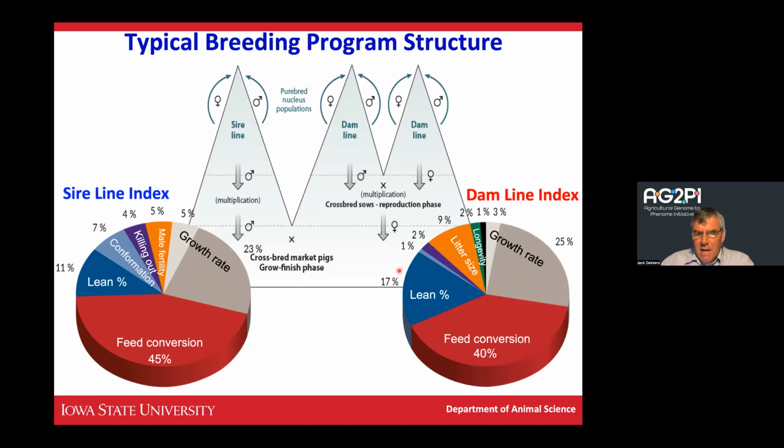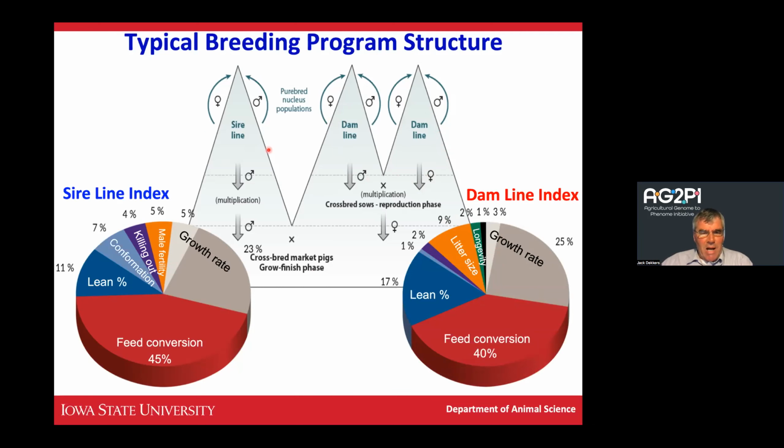On the female side, we have the same traits, but then litter size and longevity of the female, of the sow, becomes important also. So one way that's sort of related to the heterotic groups in corn, although there's more difference in what the two sides of the pyramid of the structure are selected for.